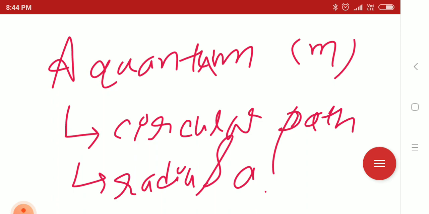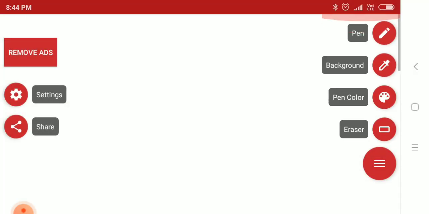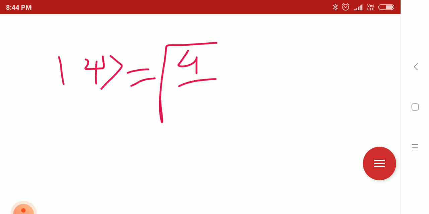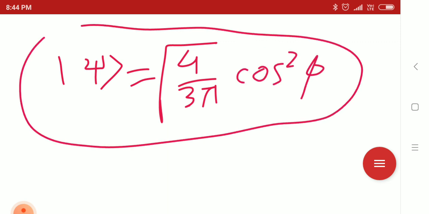The wave function of this particle is given by psi equals root of 4 by 3 pi times cos squared phi. This is the wave function of that particle.